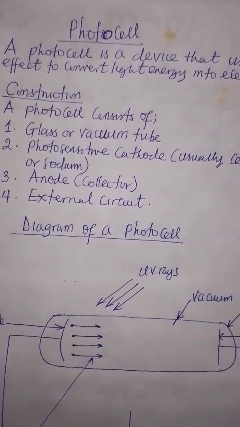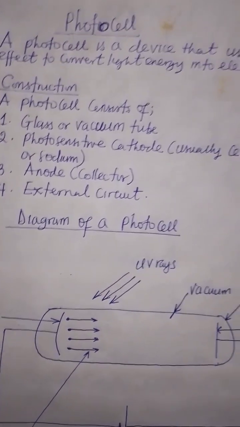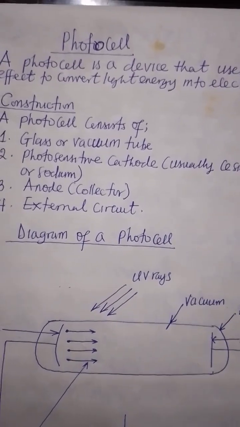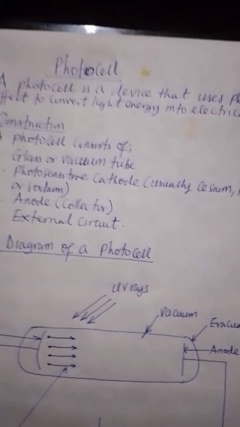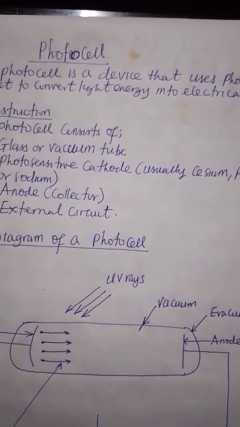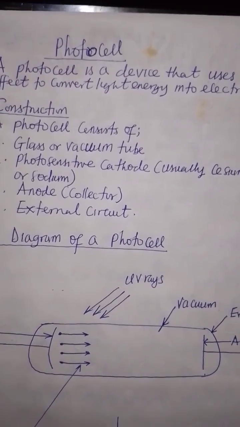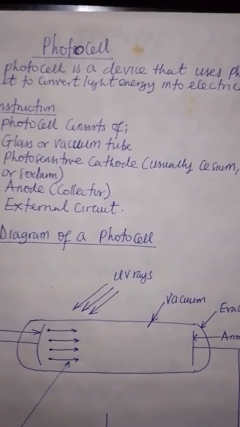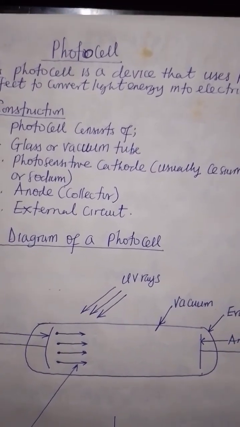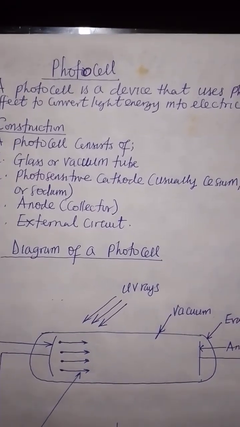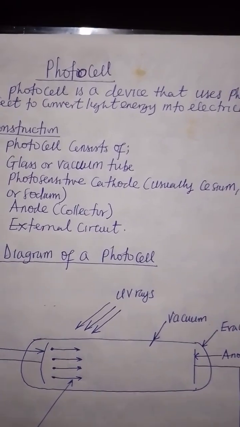Photoelectricity Part 3. In Part 2, we looked at the differences between the classical wave theory and the particle nature of light. We summarized that in the classical wave theory, light energy is continuous.